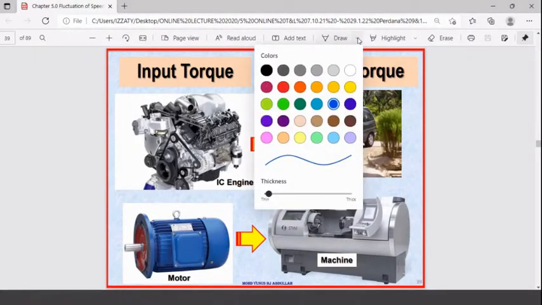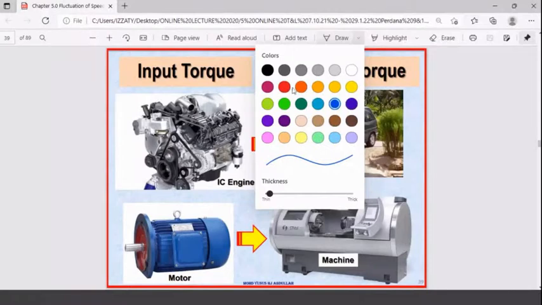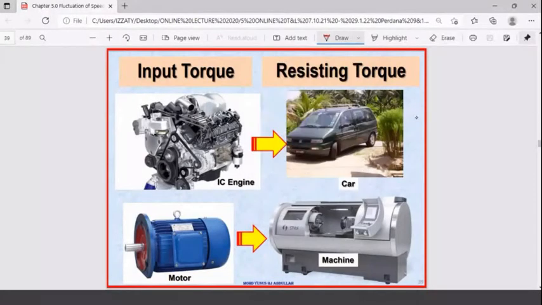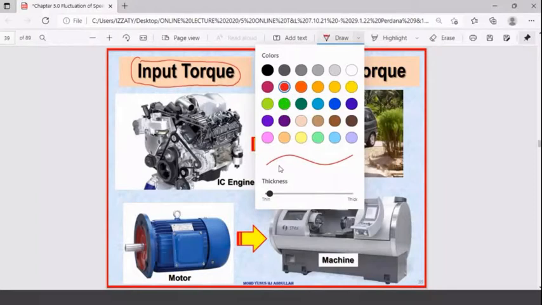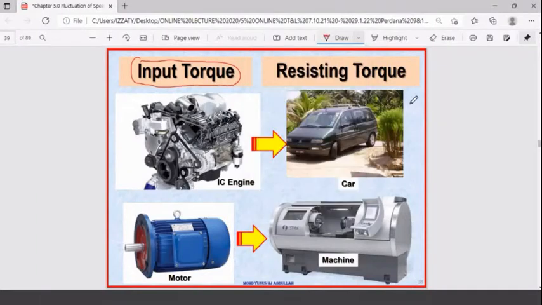So this is the input torque, we're going to talk about input torque here. And this one will be the resisting torque. The input torque will be the internal combustion engine, or you can just call it the engine.